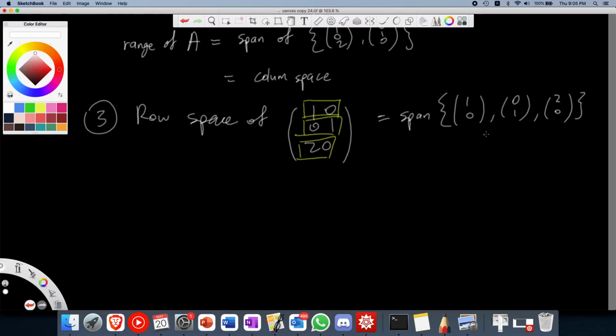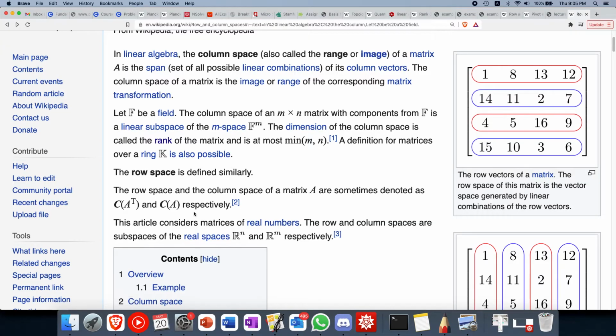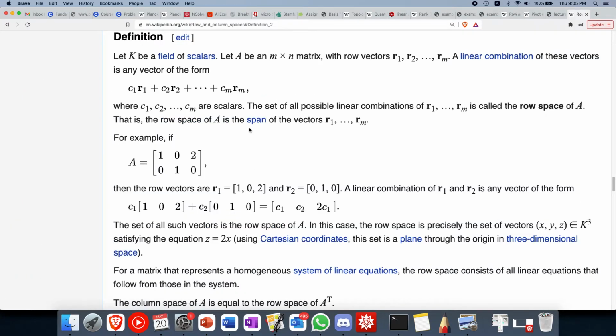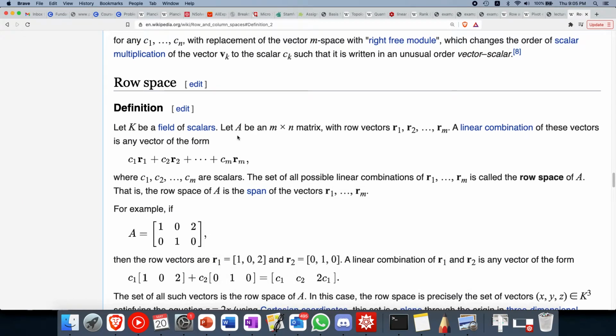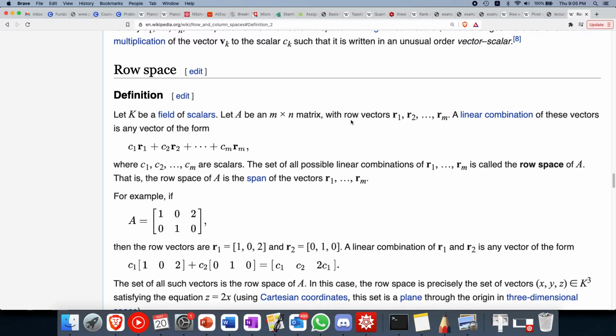So it's a span of all these three vectors, and we know that we can eliminate one of them, but essentially the row space is, by definition, the span. The row space is the span of all the row vectors.